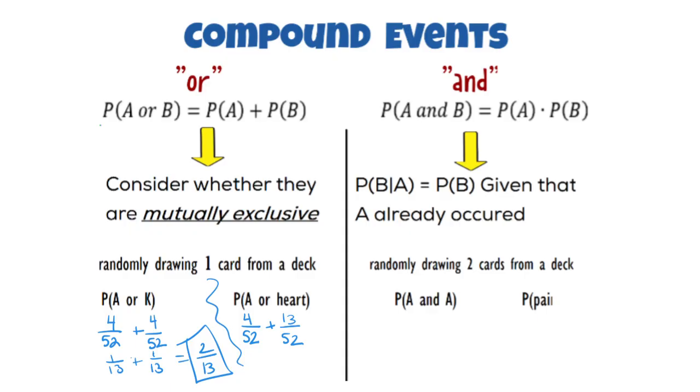And I could add this up. The problem, though, is that they are not mutually exclusive. And the ace of hearts got counted right here, and it got counted right here. So I have to subtract any overlap that there is between those two things. And in this case, it's just the one card, the ace of hearts, that got counted twice. So I have to subtract that out. So that ends up being 16 out of 52, which does reduce because 4 goes into it 13 times.